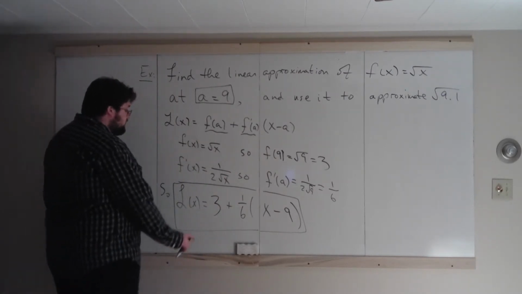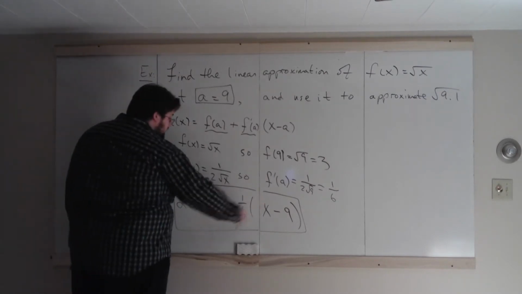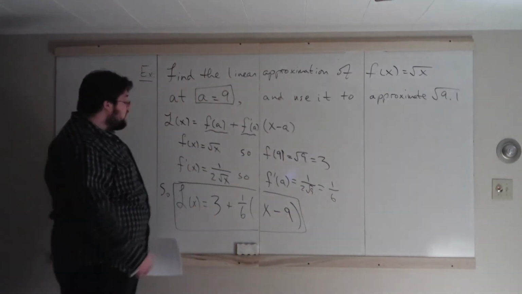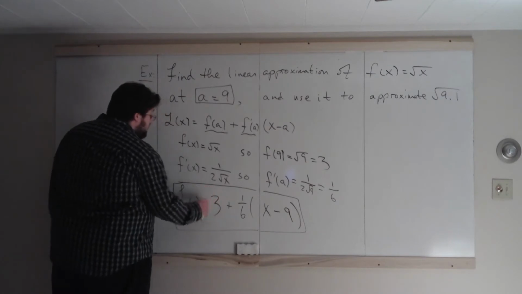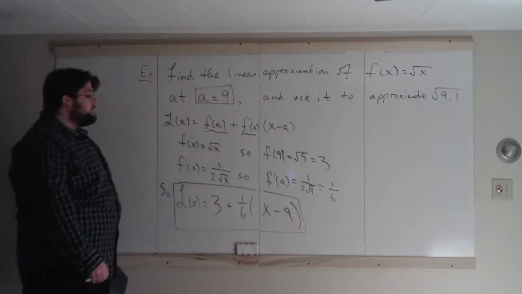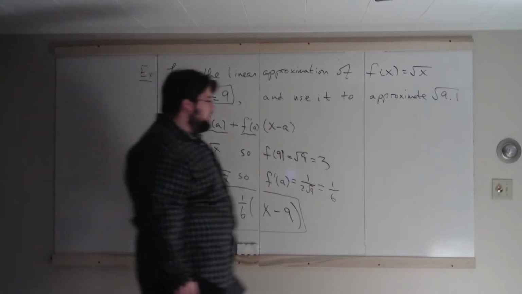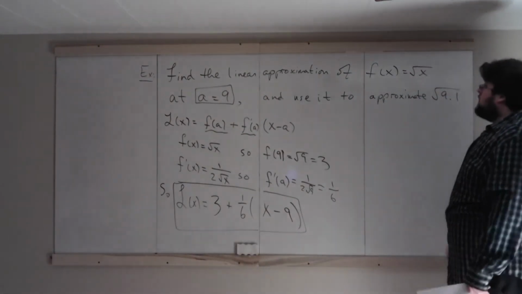This shows us that we're approximating starting at 3. And this equation tells us that square root of 9.1, which we'll eventually find an approximation for, is going to be close to 3. And then it's 3 with this kind of adjustment, a 6th times x minus 9. So I like this form. If you simplify, you won't lose points. So right here we've found the linear approximation.